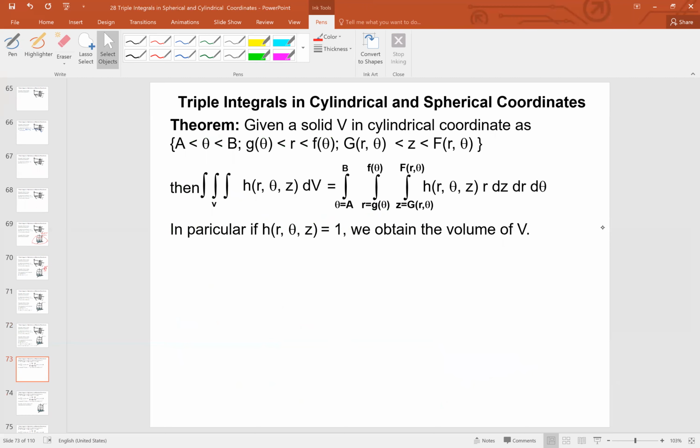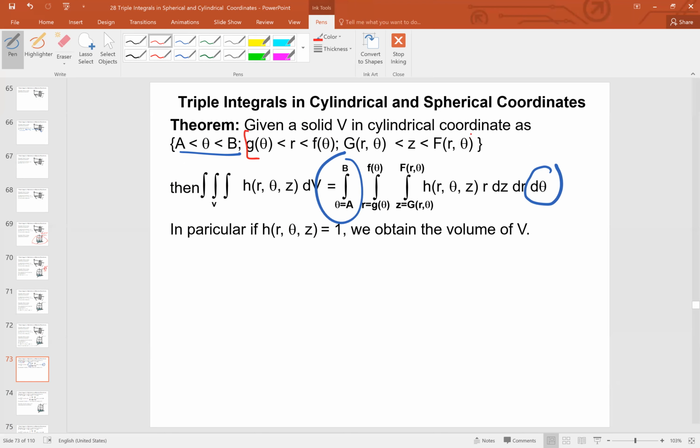Okay, so here's how we set up the triple integrals. If we have the descriptions in this r theta form, usually in the cylindrical form, it's easier. We start with the theta angle, then the r inside and outside, the boundary, the polar curve, from r to what to what. If the solid is described in this fashion, we set the integral starting from the outside.